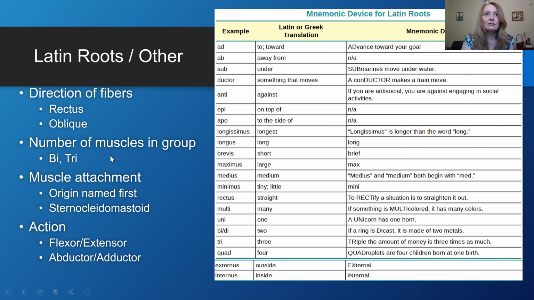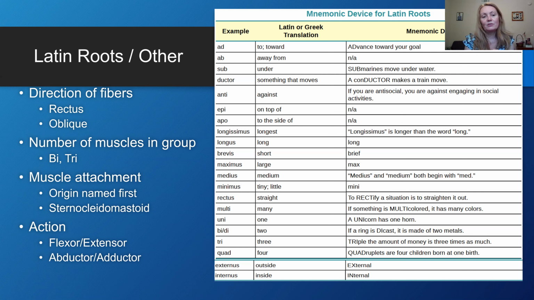Or the number of origins, or number of muscles in a group, because we might have one muscle, biceps brachii. Biceps brachii means bi, two, and ceps means heads, two heads, so two origins. Or we can have the whole group of muscles, like quadriceps. That means we have four muscles in a group.